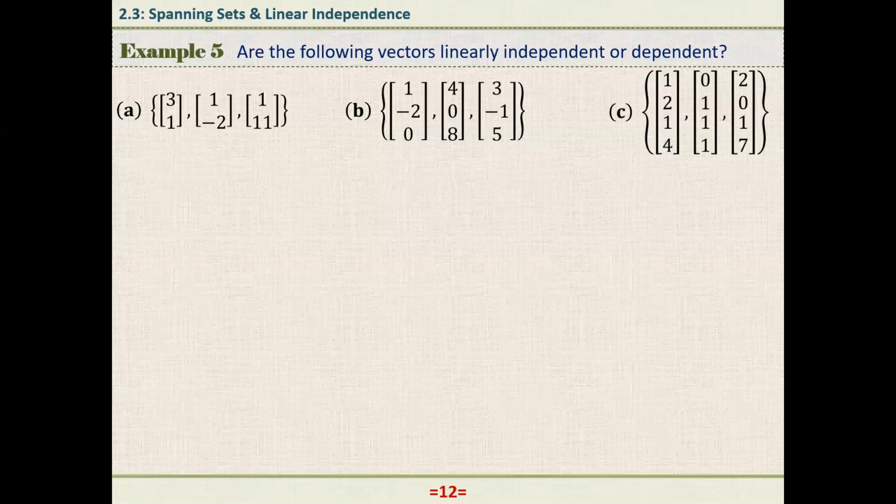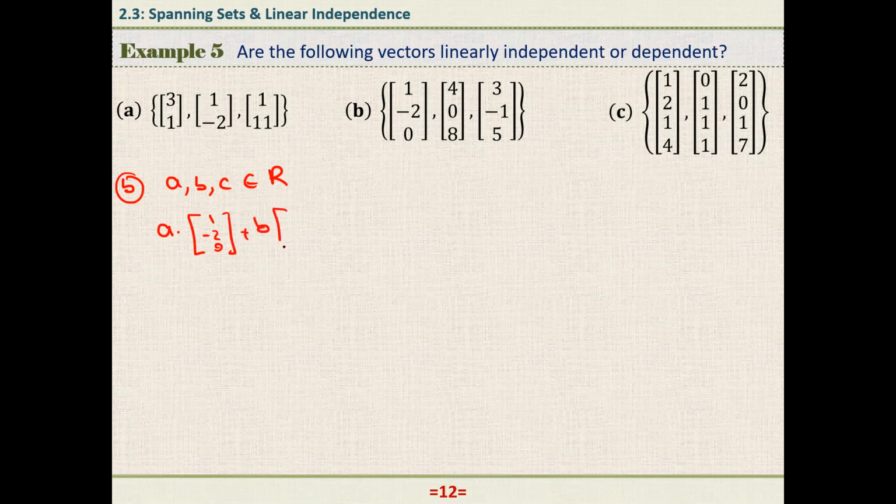How about question B? The same thing. Is it possible to find 3 real numbers, let's say a, b, c, such that the linear combination of these 3 vectors, a times (1, -2, 0), plus b times (4, 0, 8), plus c times (3, -1, 5), gives the 0 vector?